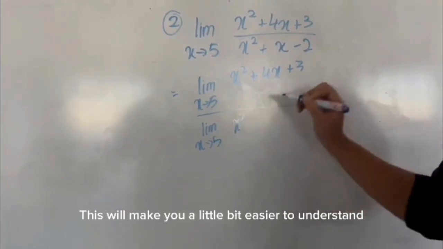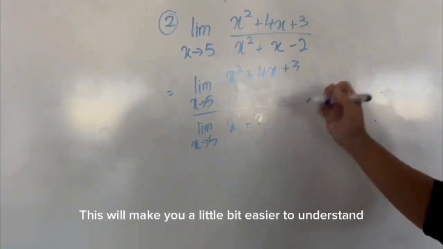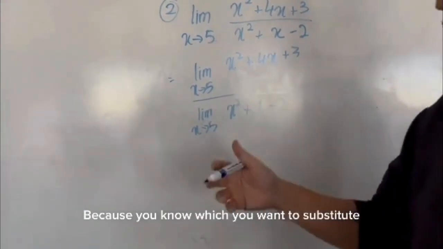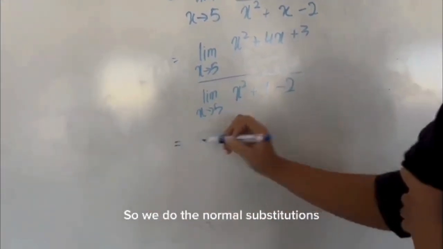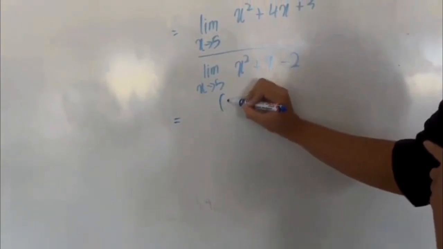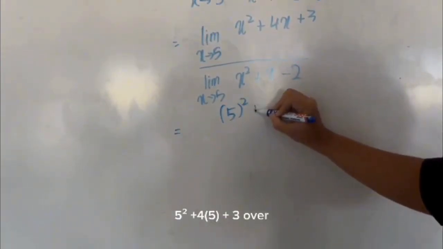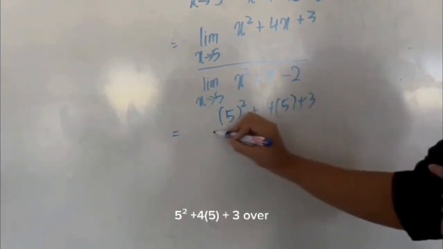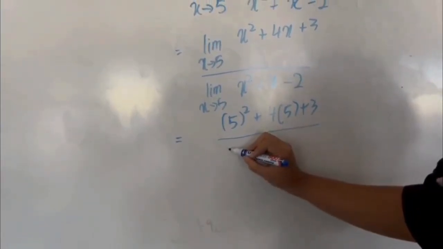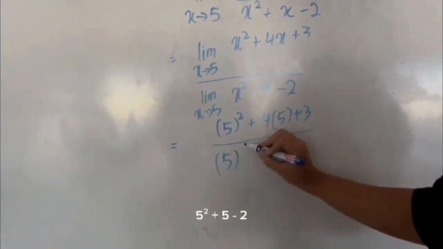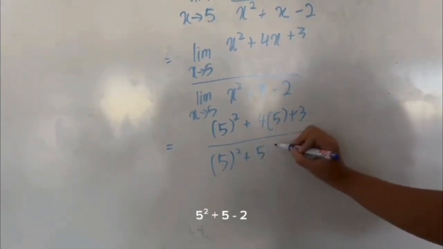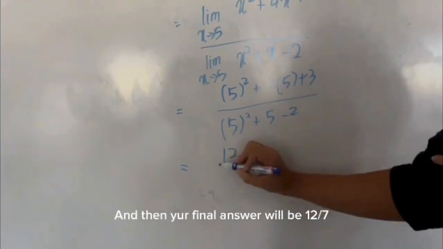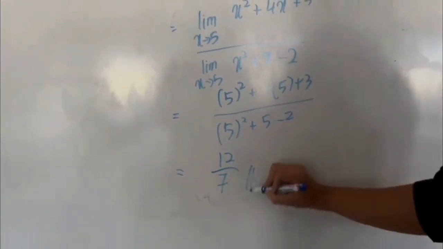This will make it a little bit easier to understand because you know what you want to substitute. So we do the normal substitution: 5 squared plus 4 times 5 plus 3, over 5 squared plus 5 minus 2, and then your final answer will be 12 over 7.